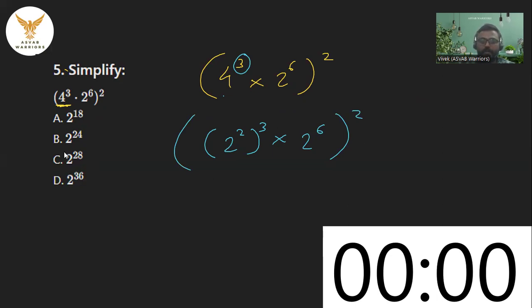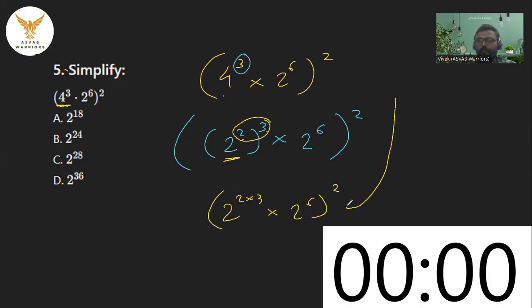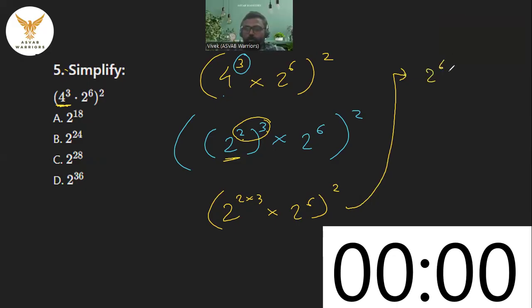Now, as we already know, a to the power m to the power n, these both are going to get multiplied. So we have 2 times 3 times 2 to the power 6 to the whole power 2.